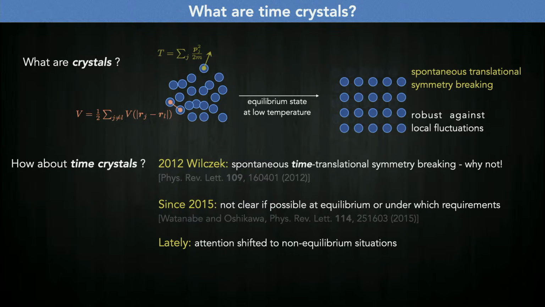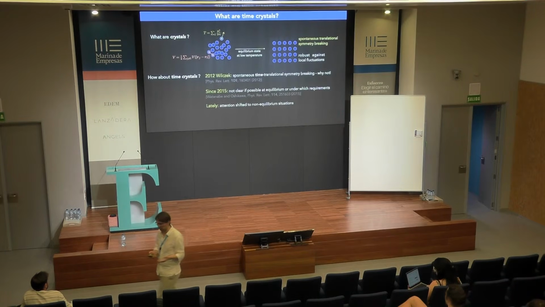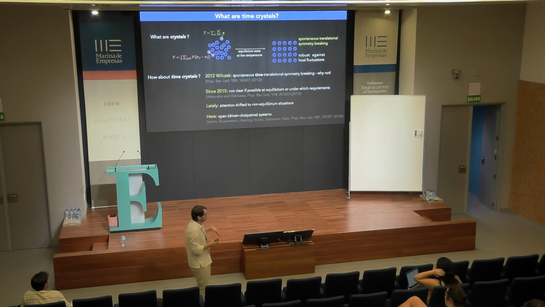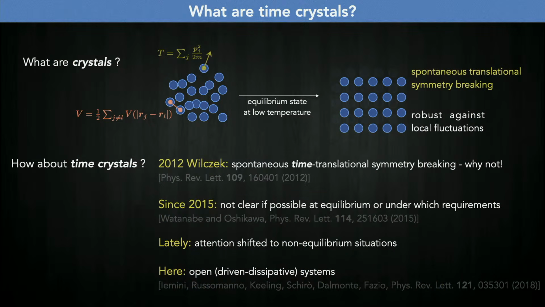So lately, the attention has shifted to non-equilibrium situations that we study in quantum optics. In particular, I will be talking about the concept of time crystals in driven dissipative or open systems in general. From here on, because I know that you are an audience of people who know a lot about quantum mechanics and probably open systems, having gone through masters in quantum mechanics and quantum technologies, everything is going to be a bit more technical, still, I hope, very understandable.